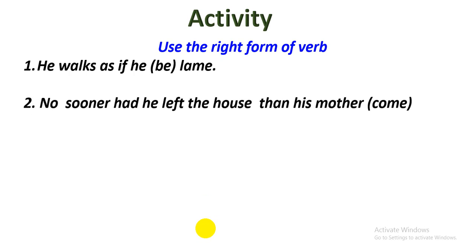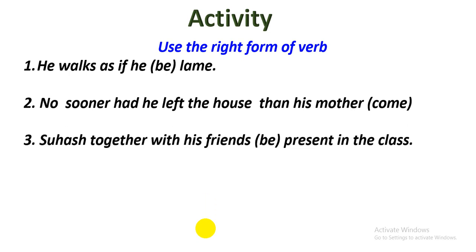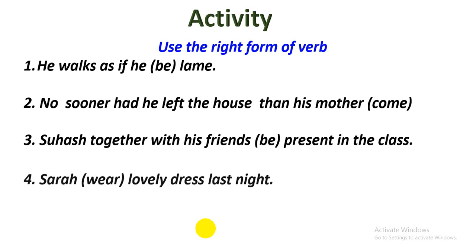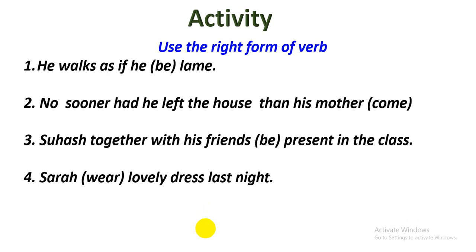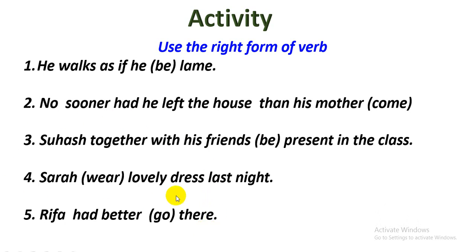No sooner had he left the house than his mother came. 3. Suhas, together with his friends, be present in the class. 4. Sarah wore lovely dress last night. 5. Rifa had better go there. Dear students, take time and try yourself.